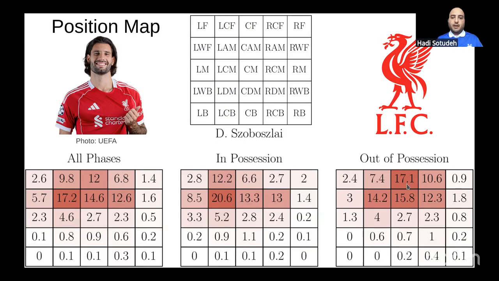So that's why having this in position and out of position view is really important when it comes to profiling the players. And you can construct these position maps across not only one match, but maybe a full season of these players' performance, and then use it when it comes to making player shortlists or scouting. So you are interested to know what was his performance when he was playing in different positions, and this is just one way to do that.